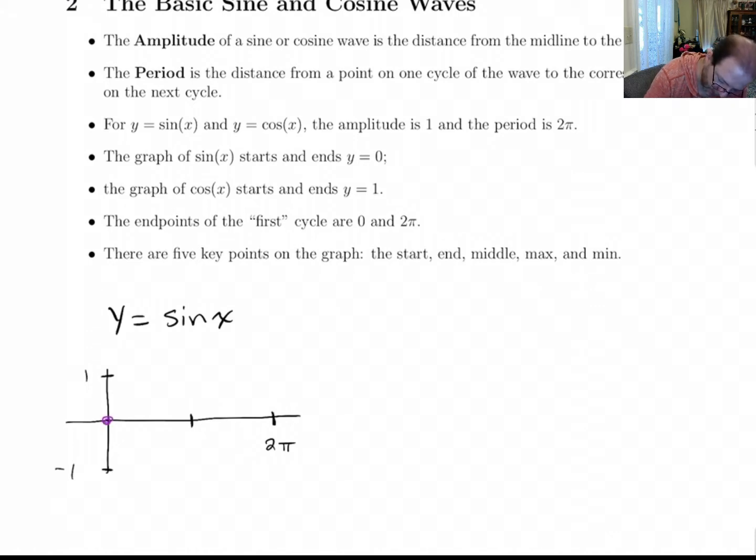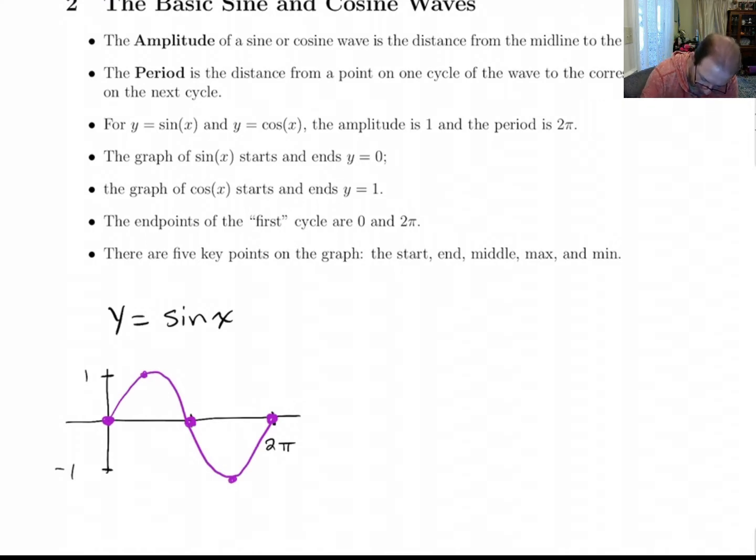Sine starts here, it crosses the axis there, and it's going to end there. Halfway in between these first two is where it'll have its maximum. Halfway between the second two is where it has its minimum. So if I draw this, that's y equals sine x, one period of it.